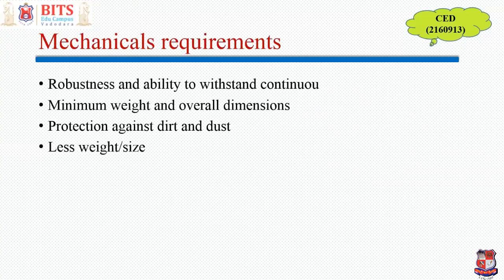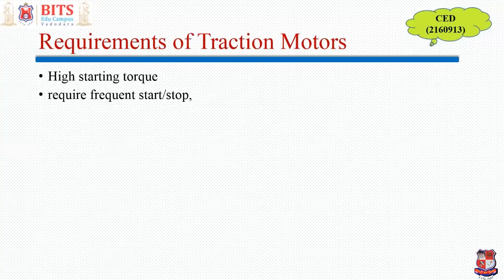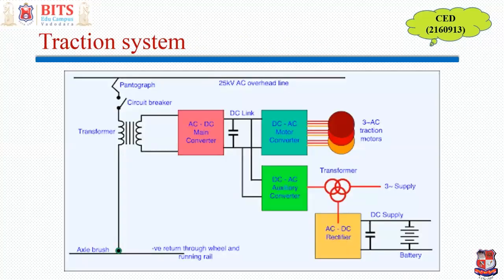So today, once again, we had discussed about the traction system. We have many varieties of traction in India, but most of India is now under 25 kV AC system. Still, the whole country is not electrified. There are regions where you use diesel engines.